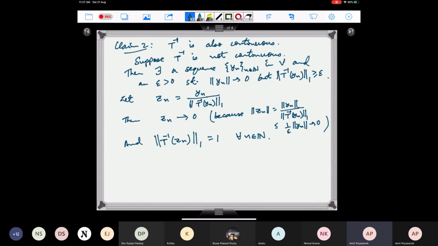If we look at this sequence T inverse zn, it is a sequence in the compact set, this B that we defined.